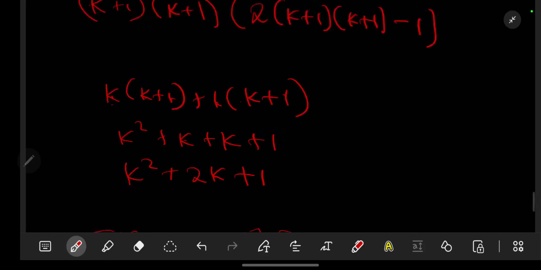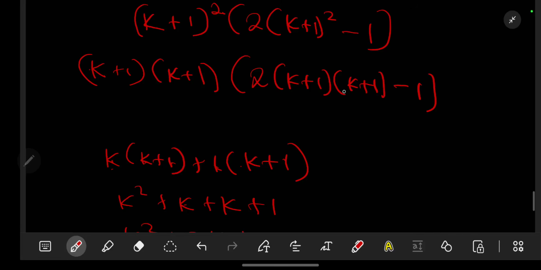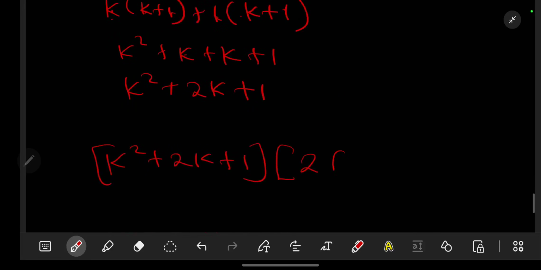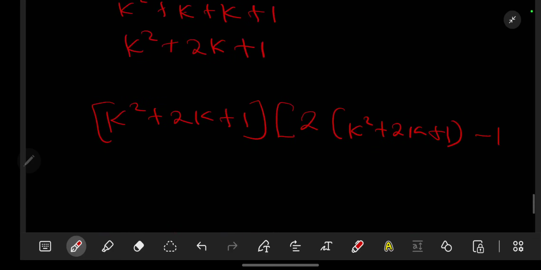Then we have our 2. Remember, we are still multiplying k plus 1, so we are going to have our k squared plus our 2k plus our 1, like that. Then we have minus our 1.